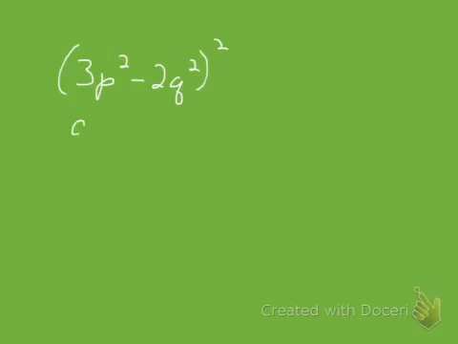Well, 3 squared is 9, and then p squared times the 2 outside the parentheses would give you p to the 4th. 9p to the 4th. For your last term, 2 squared would be 4, and then for the q's, you got the 2 and the 2 here to multiply there, so you get 4. We're going to have a minus here, a plus there, and then my middle term, 3 times 2 is 6, times 2 again would be 12. You got p squared, q squared. And that's it.